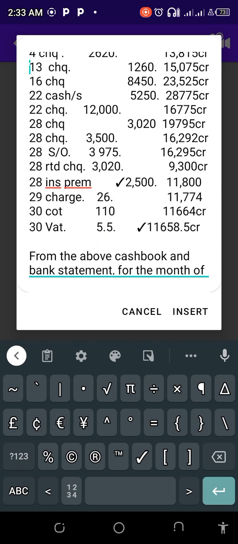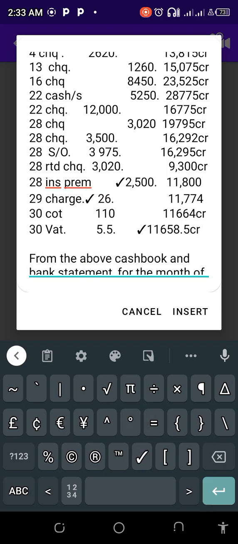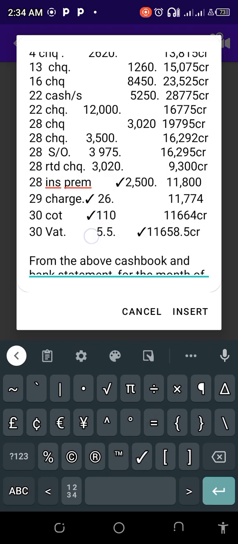We have gotten 3 direct debits, and they are one, bank charges, then another one is commission on turnover, and the next one is what is called VAT on commission of turnover. So we have gotten 3.